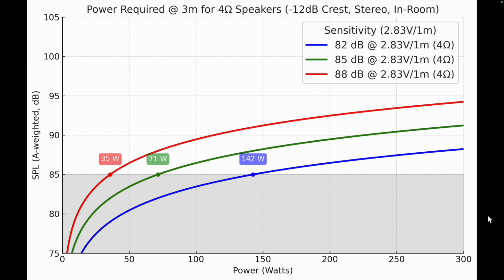We know from earlier that when we talk about 2.83 volts, 1 meter, with a nominal 8 ohm load, that works out to be 1 watt, 1 meter. For a 4 ohm speaker, 2.83 volts results in about 2 watts. So we have to cut off 3 dB to get down to 1 watt. If we do that, this is the result that we get. We're going to have to increase the power to 35 watts to hit 85 decibels for a speaker sensitivity of 88 decibels.